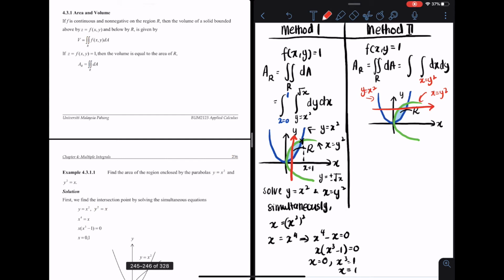And at the same time, the first integral is actually integration with respect to variable x. So what should I do right after this? I have to make sure x is the subject of my equation by removing the squared notation. So I will have x is equal to plus minus square root of y.